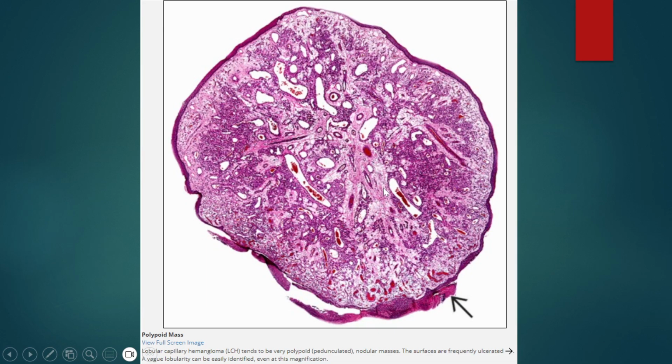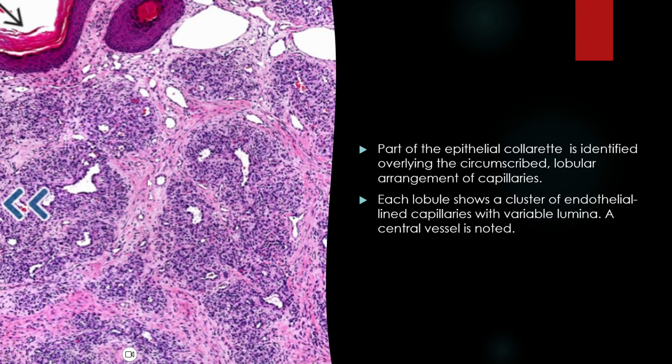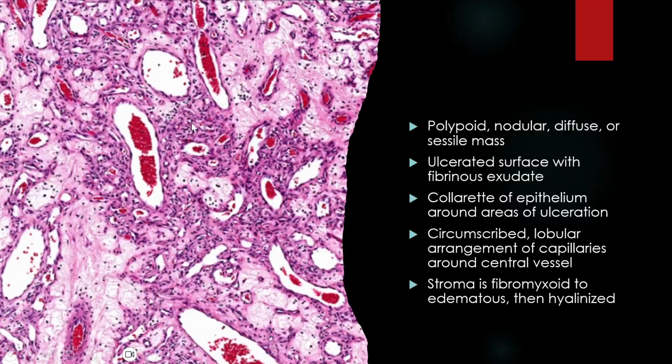Sometimes in this tumor you can see an ulcerated surface. And then just want to show you this lobular structure, a big vessel fed by small vessels forming this lobular structure, really characteristic.